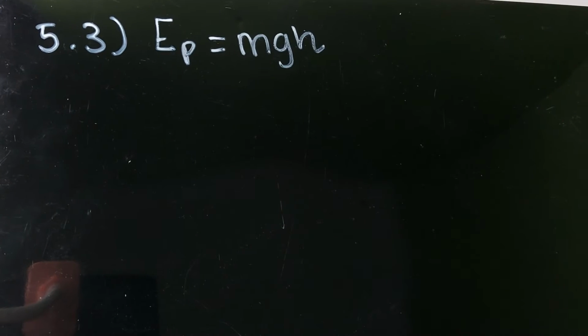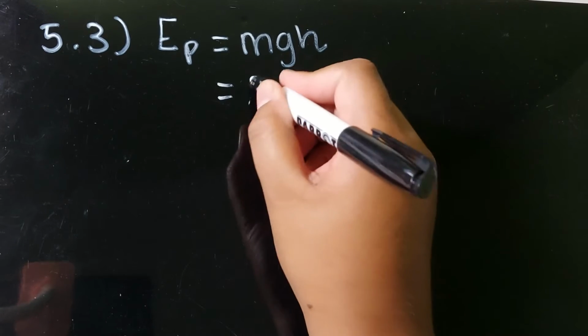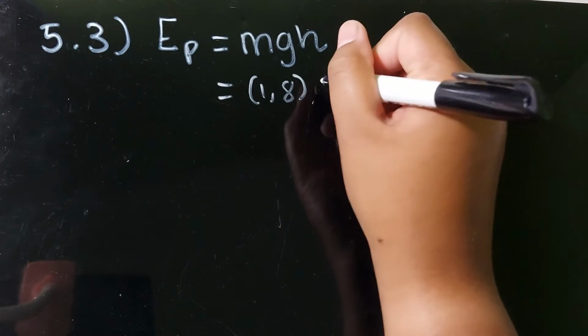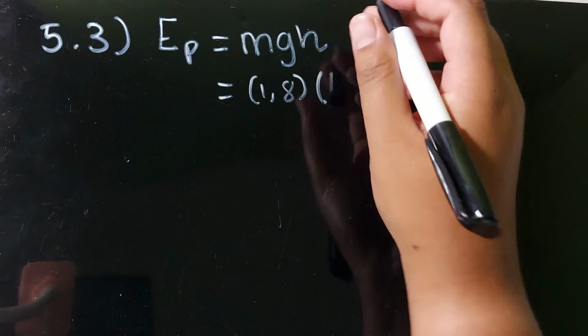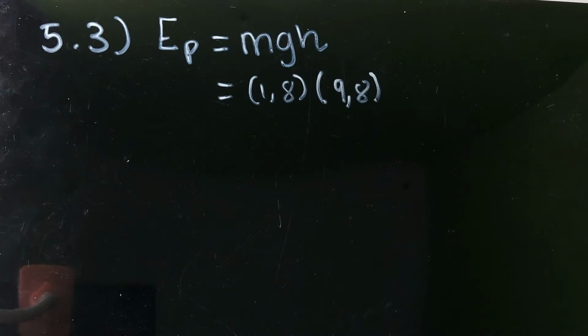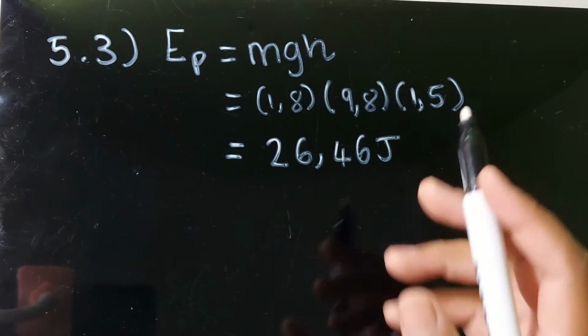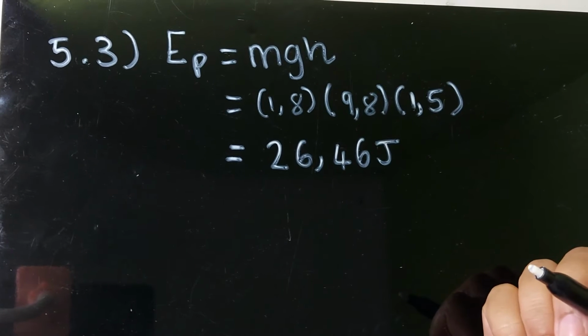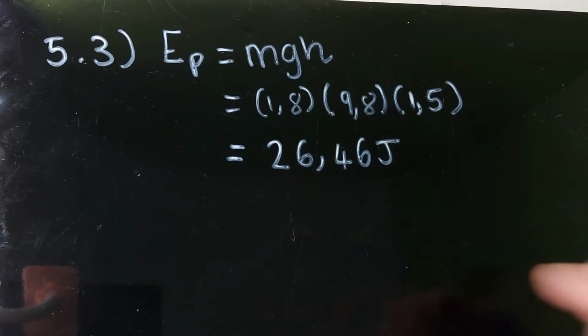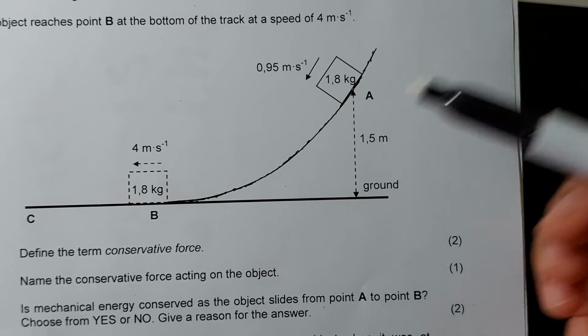And we know this is going to be equal to the mass of the object, which is 1.8, multiplied by the gravitational acceleration of the Earth, which is 9.8, multiplied by this height over here. So this height is given to us to be 1.5 meters, right? And that gives us an answer of 26.46 joules.